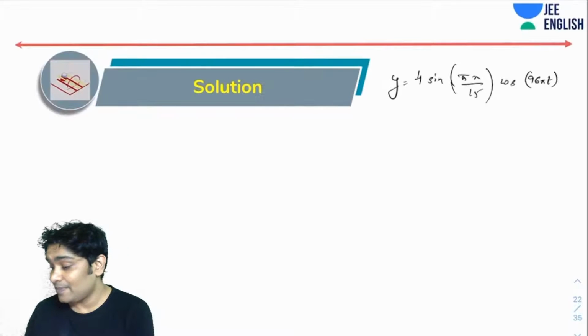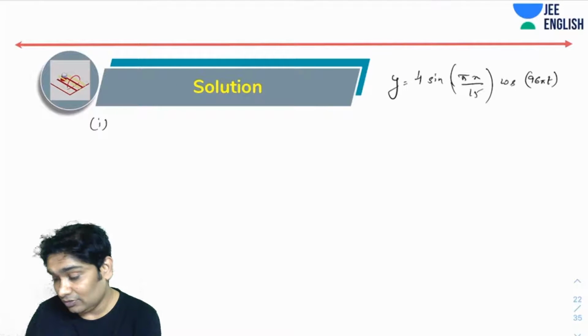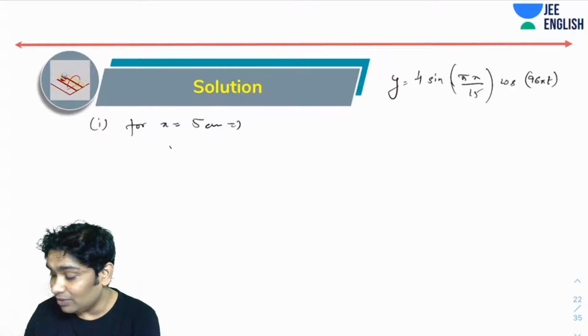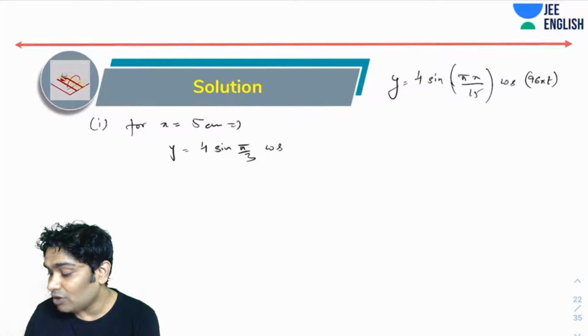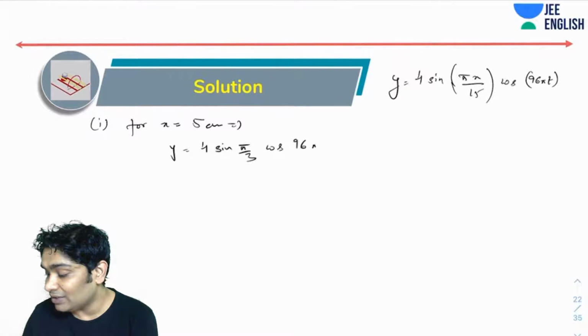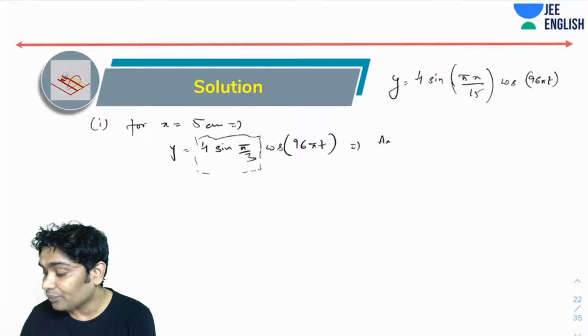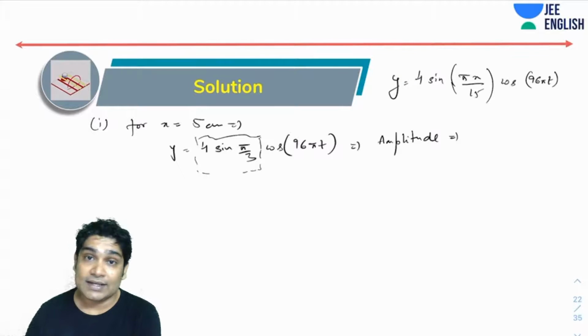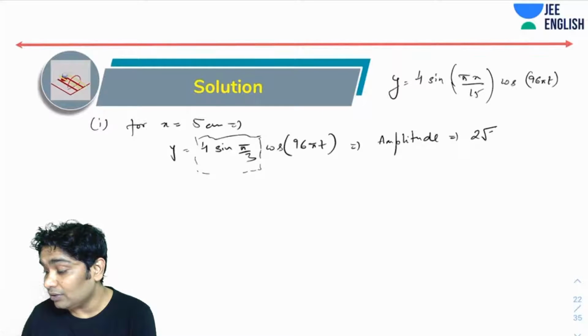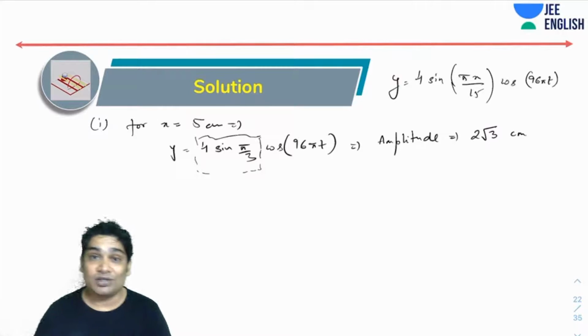So for x equals 5 centimeter, my equation becomes y equals 4 sine of pi by 3 cos of 96 pi t. Obviously this is an equation for SHM, and the amplitude would be 4 sine 60, which is 2 root 3 centimeters. Just remember the units. The unit would be centimeter.